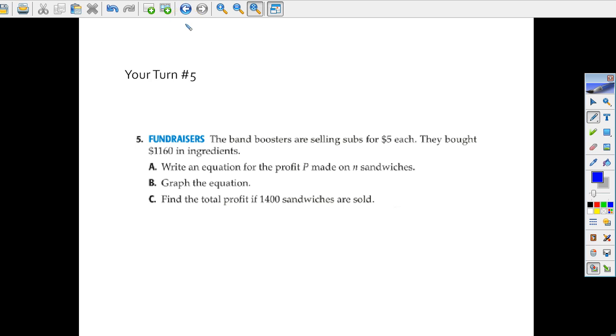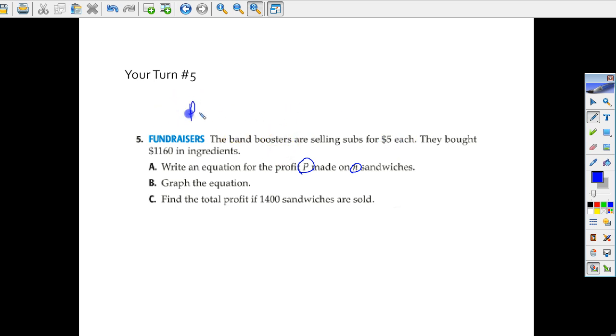Right. So here's your turn number 5 about fundraisers. The band boosters are selling subs for $5 each. They bought $1,160 in ingredients. Write an equation for profit P made on N sandwiches. Since it's $5 each, I'm going to help you out a little bit.